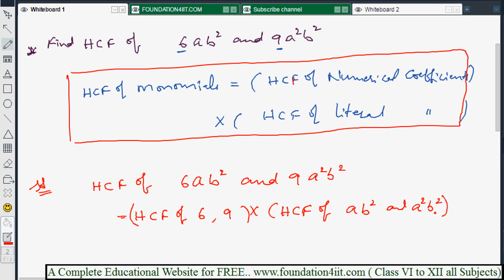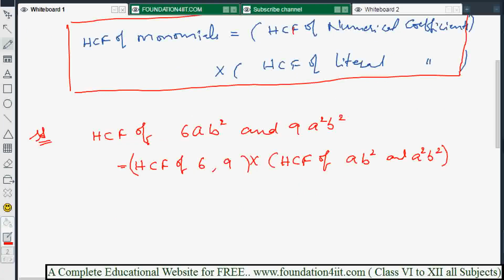For 6 the factors are 1, 2, 3, 6, and for 9 the factors are 1, 3, 9. So the highest common factor is 3. Different methods were already learned in previous classes. So the HCF of 6 and 9 is 3.